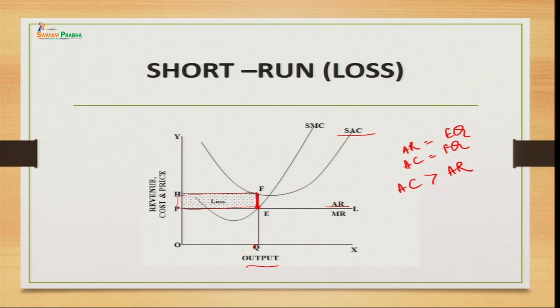So, whatever change we want to bring into the output, we bring it by varying the variable input. And secondly, in the short run, because of the shorter time frame, no new firm will be able to enter the industry and no existing firm will exit from the industry. So, the remaining firms operating under perfect competition can earn supernormal profit, normal profit, or they might incur a loss.